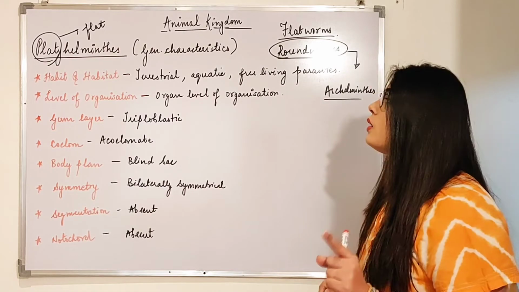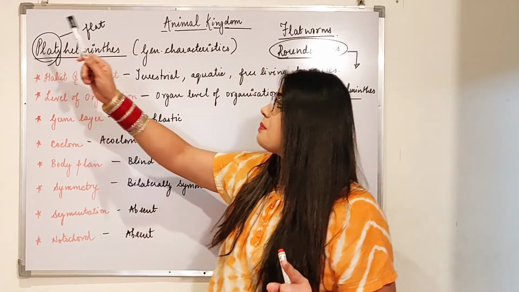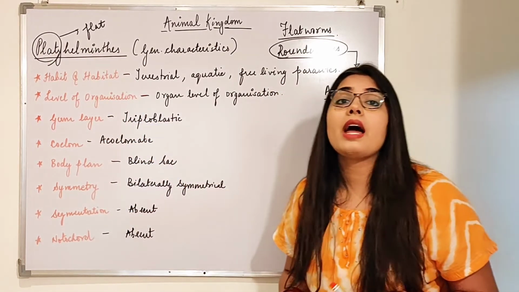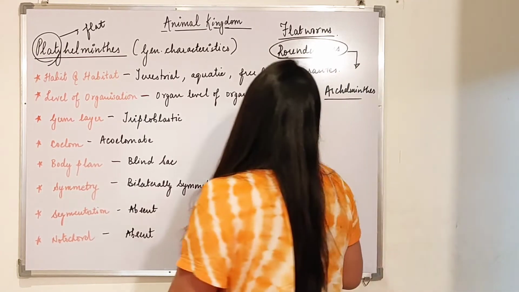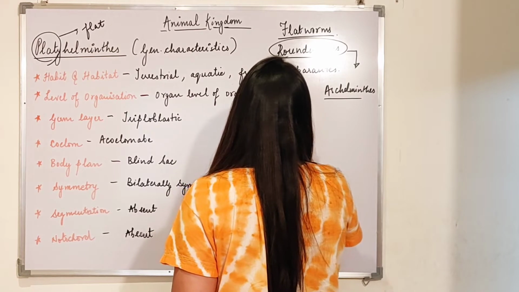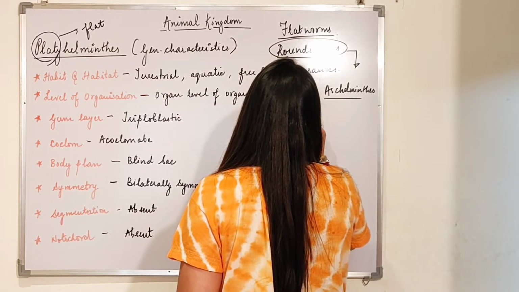Okay. Now let me tell you one important point. These Platyhelminthes, beta, they are flat, right? But they are flat from where? They are flat from the dorsoventral position.